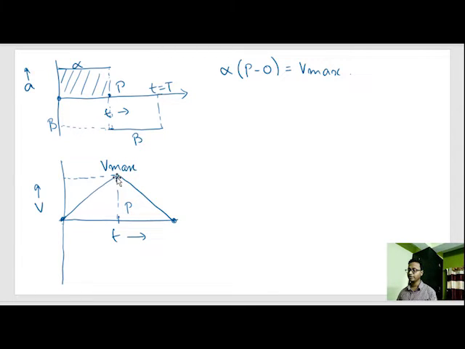So whatever might be the value of Vmax, Vmax minus 0 is equal to the area under this curve, and 0 minus Vmax is equal to the area under this curve. That means the magnitude of area under this curve would be equal to the area under this curve. Okay, we know these two things.